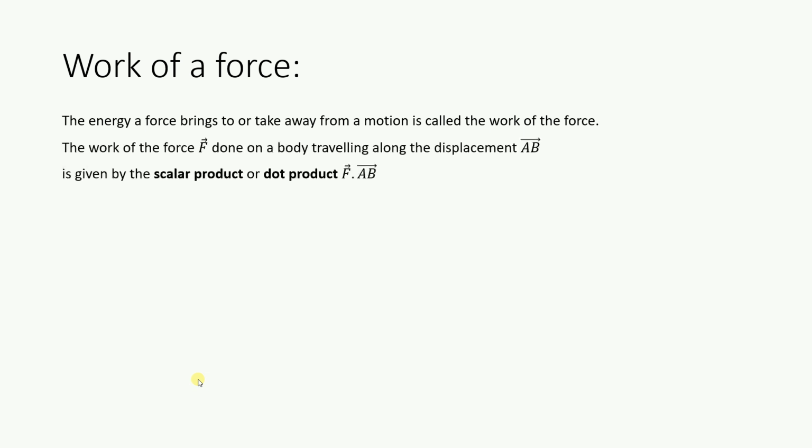And to calculate it, we introduce that new mathematical object, which is the dot product of two vectors. We call it dot product because if I read it, I read vector F dot vector AB. We can call it also scalar product because the result of that product is just a number, and scalar is a posh word to say number.